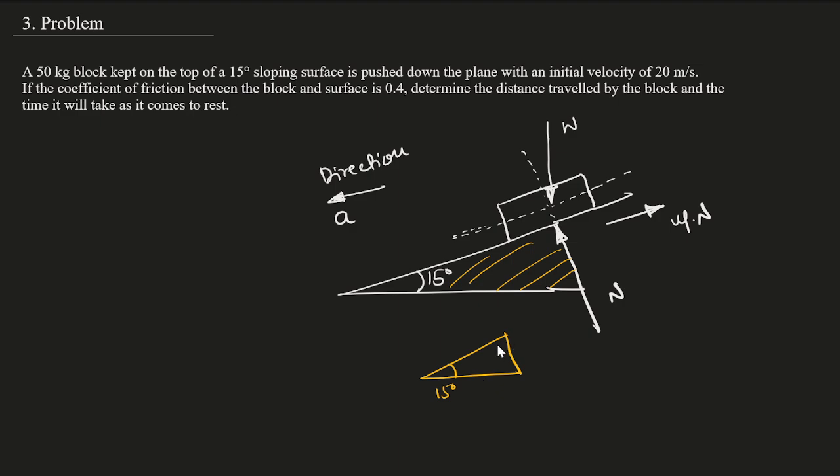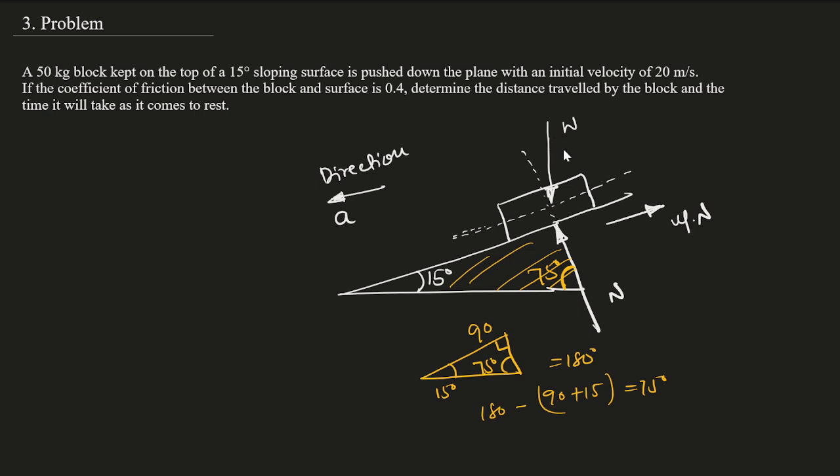This is 90 degree because the normal is perpendicular to the surface. The sum of the angles of a triangle should be equal to 180 degree, so 180 minus (90 plus 15) will get us 75 degree. So we found that this angle is 75 degree.